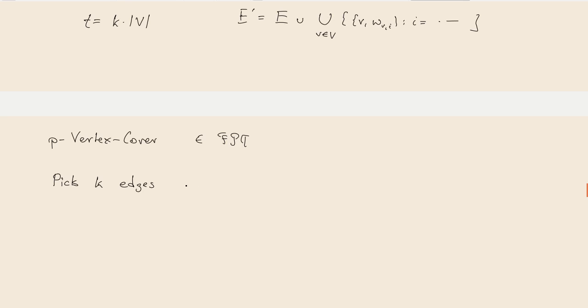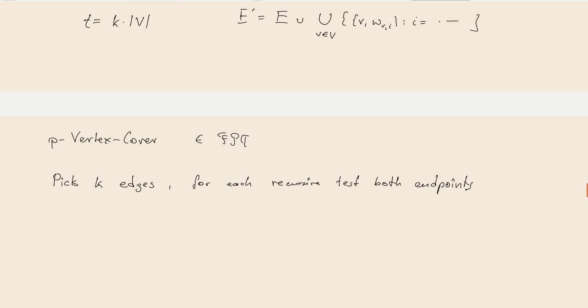So you pick k edges, and for each, I'm very unspecific here about how this works algorithmically, because we will talk about that in depth in the next 2 lectures, I guess. So, and for each edge, recursively test both endpoints.